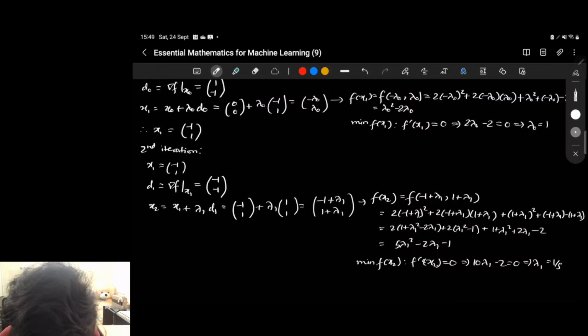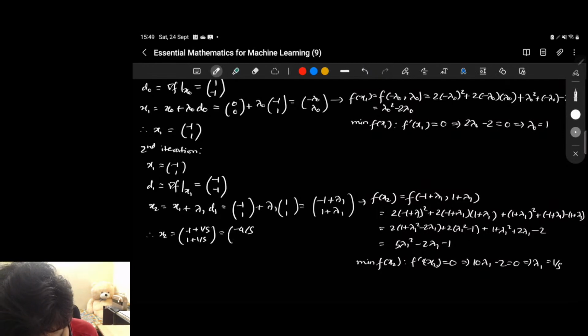Therefore, x2 is minus 1 plus 1 over 5 and 1 plus 1 over 5, giving us minus 4 over 5 and 6 over 5.